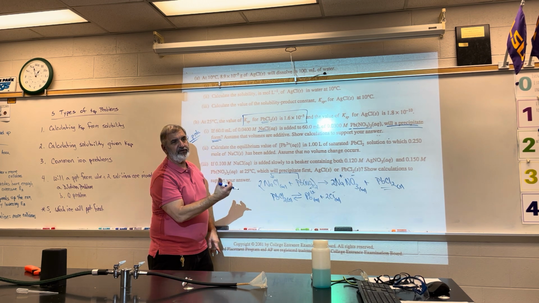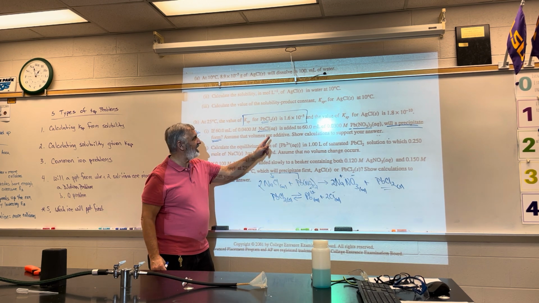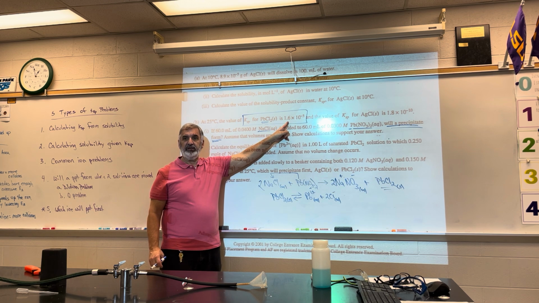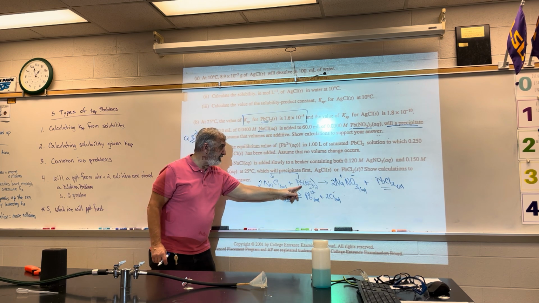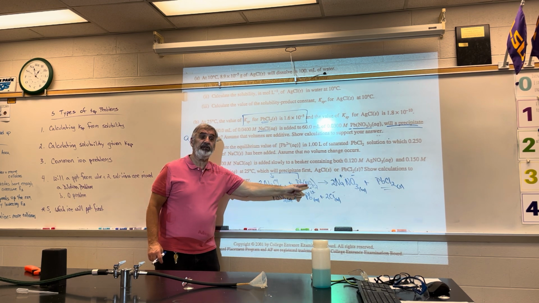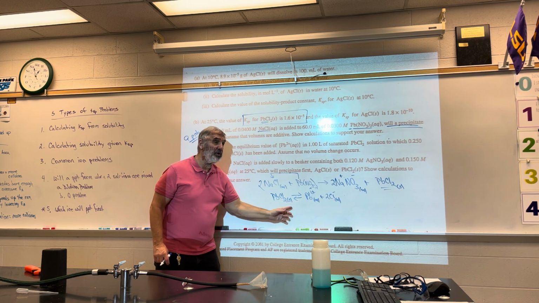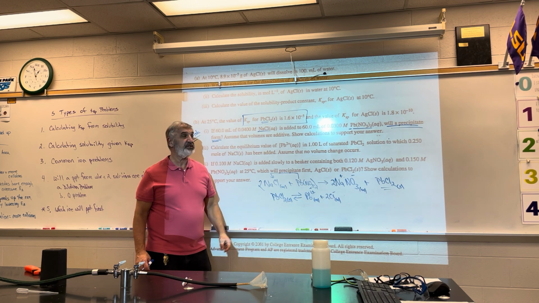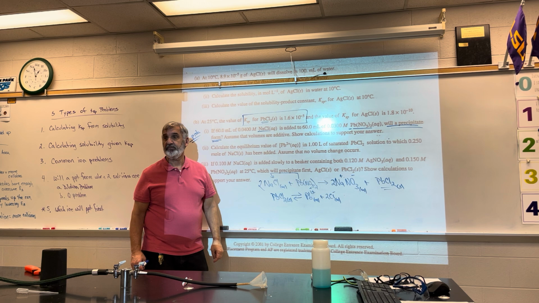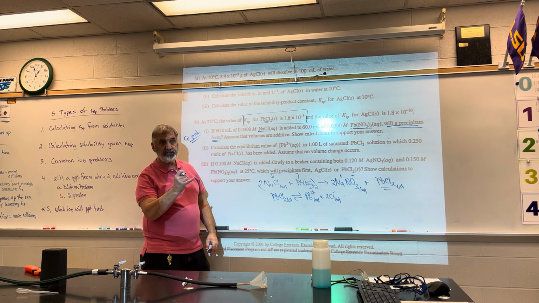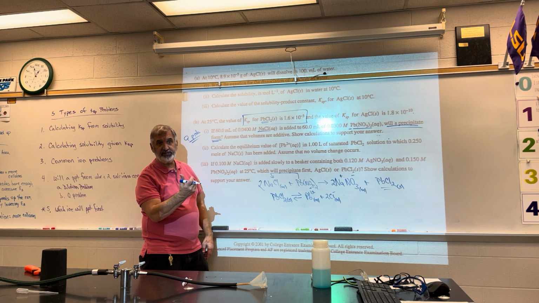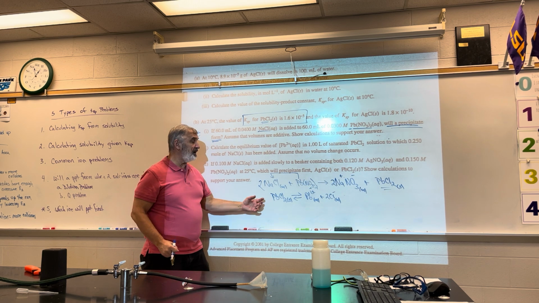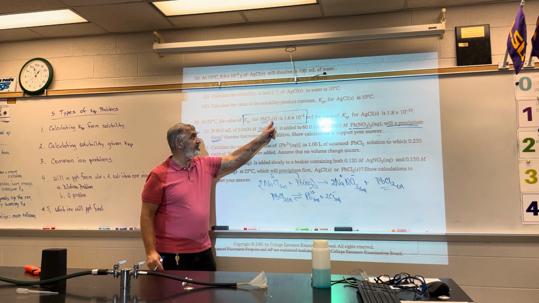If we did it the reverse, how would KSP compare to this number? If Pb2+ and 2 Cl minus went to PbCl2, so if we wrote it reversed, what's that do to K? Reciprocal, 1 over K. Remember, if we reverse an equation, we take the reciprocal of K. If we multiply an equation, we raise K to that power.